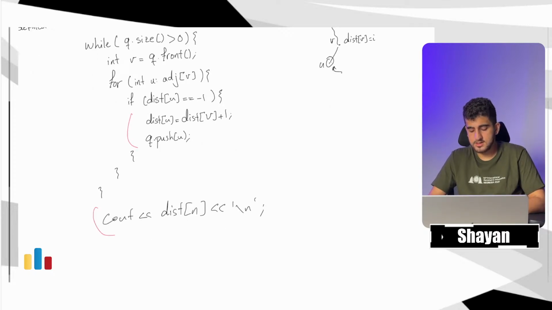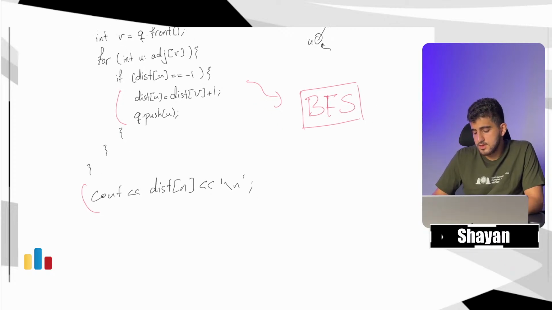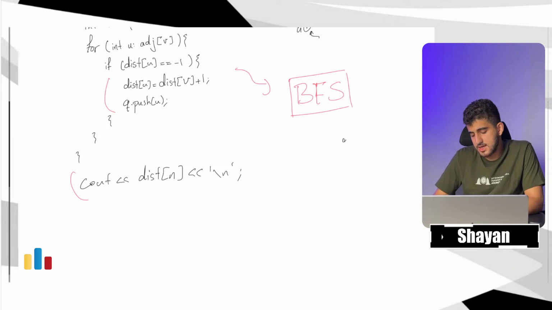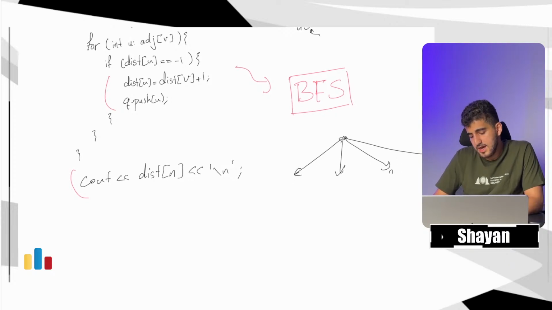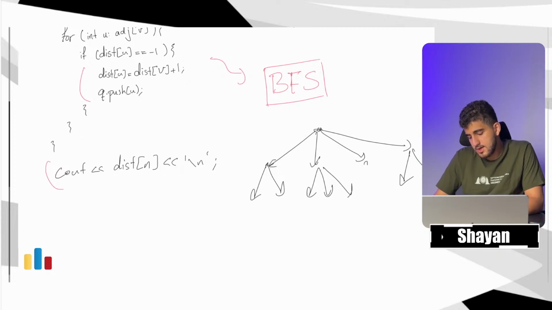At the end we just need to look at n. And this is called BFS. This idea of starting from a vertex and calling all the neighbors that are not visited yet, and then from them calling their neighbors, and so on.